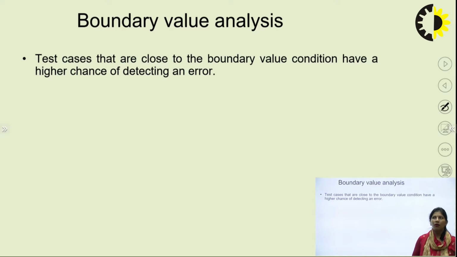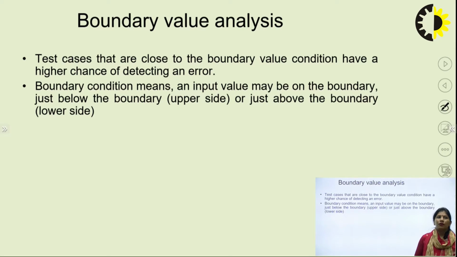So C is a boundary and M is a boundary. Or I will say very precisely in terms of integers: if the value is between 1 and 100, what is the boundary? 1 is a boundary and 100 is a boundary. It has been seen that the higher chance of detecting an error is at the boundary.